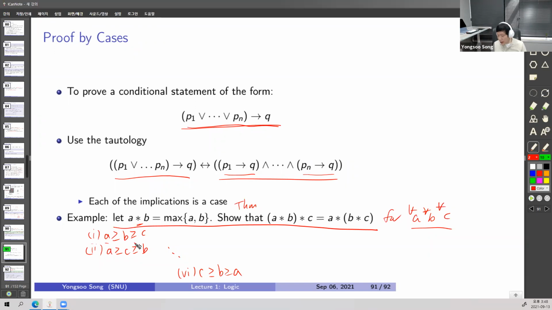In this case, A is the maximum value and C is the minimum value, and so on. So you can first show that one of these 6 inequalities holds for any real numbers A, B, and C. And for each case, you can show that this equation holds. For example, in the first case, this is A and this is also A. You can simply check these 6 cases and conclude the proof.